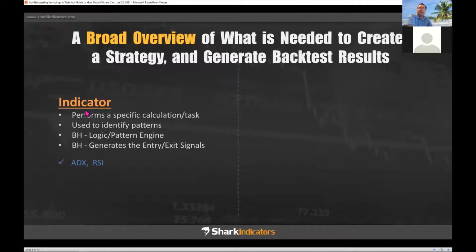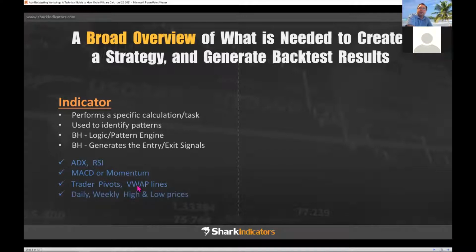Also, common indicators that people use in their strategies: the ADX, which is specifically designed to tell you a directional bias in the market, the RSI to tell you the strength of that bias or trend direction, and of course there are momentum indicators, and support resistance type indicators like your pivot indicators, your VWAP lines, things like that.